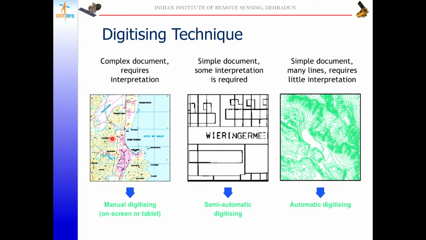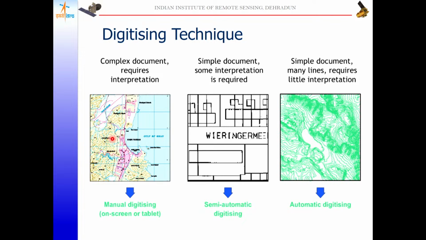So if so much information is present, it gets very difficult to perform automatic digitization, because the system will get confused and will not be able to create the polygons as per the actual shape and size present. So, manual digitization methods are preferred when your map document has complex features.